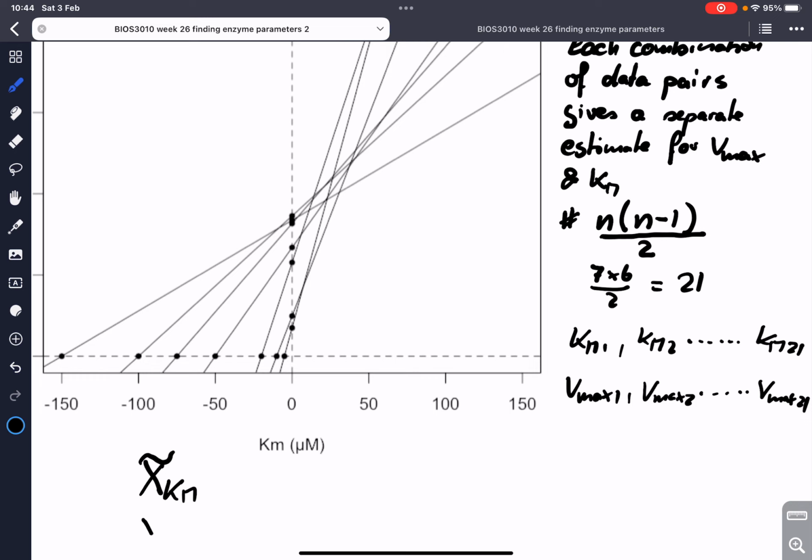And likewise, we would calculate the median for our Vmaxes. And this would be a very good and statistically sound estimate for Km and Vmax.